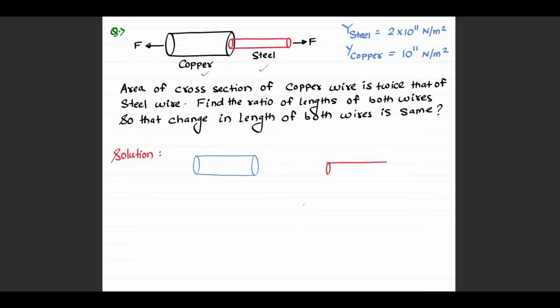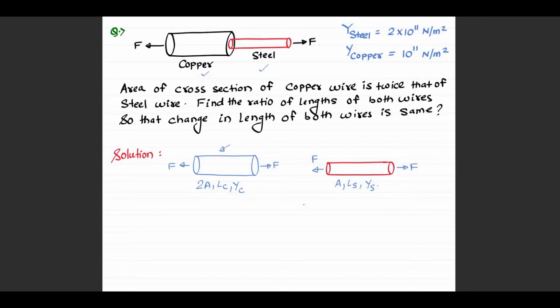if I draw the steel part separately, so this will also be at rest and this will also be at rest. Cross-sectional area 2A, length should be this, Young's modulus of copper, cross-sectional area A, length of steel, Young's modulus of steel.